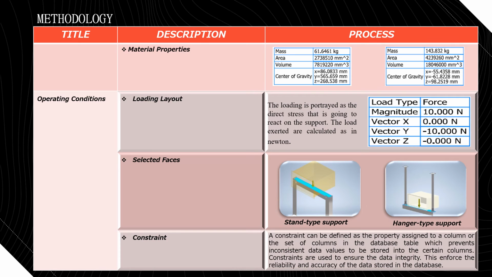Alright, so we're still in the methodology section. So next is the material properties. Material properties are very important because here we need to find the mass of the support, the total mass and the area of it, the volume of the support, and also the center of gravity of the support.